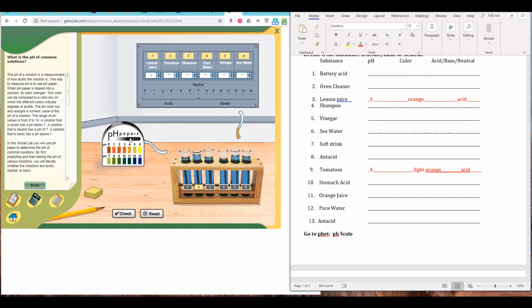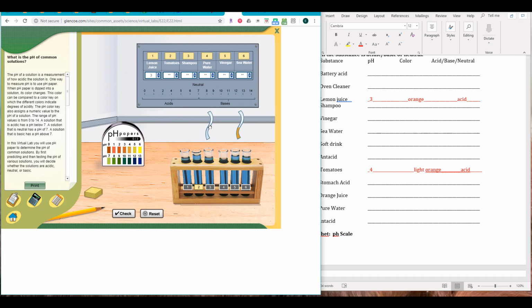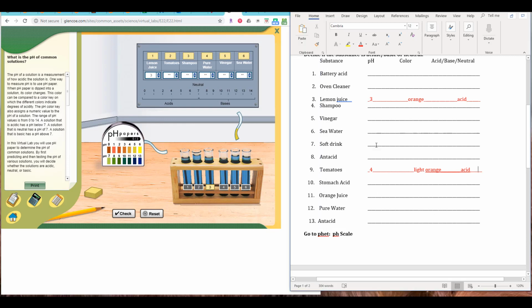Okay, the next one is shampoo. So I'm going to look at this. Do you see how that's 5 and 6? It's yellow, but it's kind of like a mustard yellow instead of that bright yellow, so it's a pH of 5. So I'm going to write 5 here.